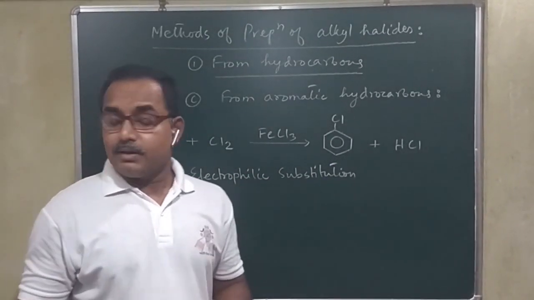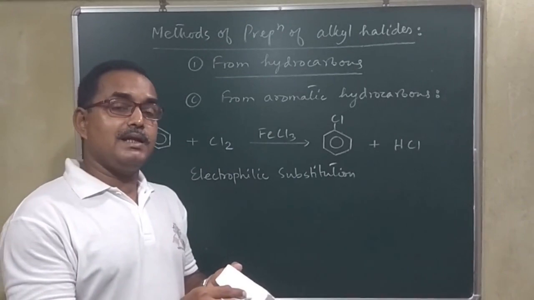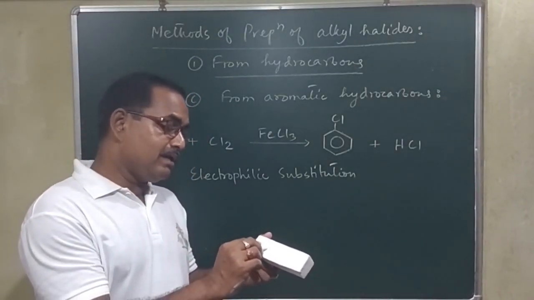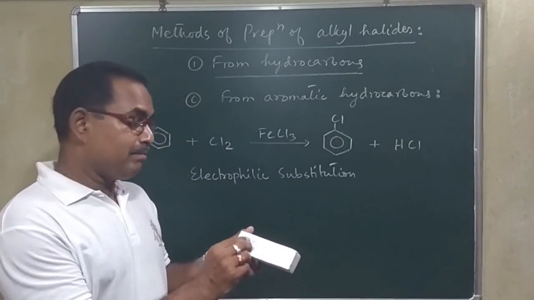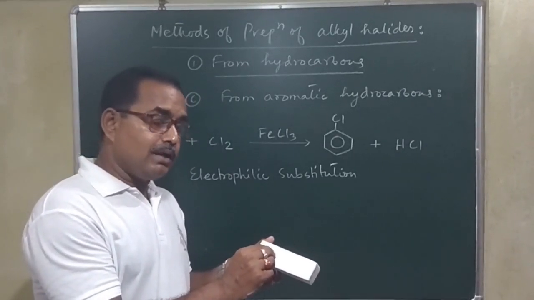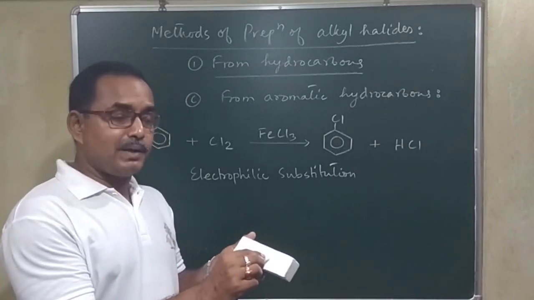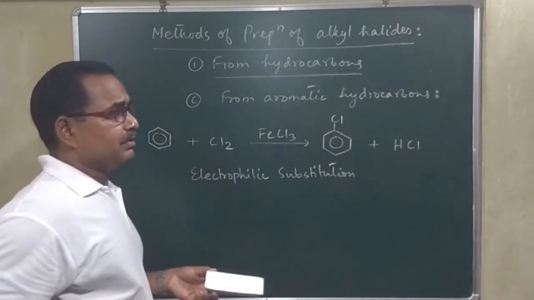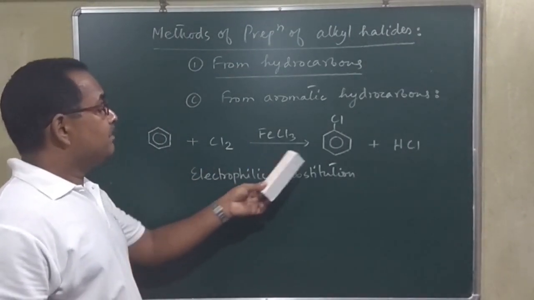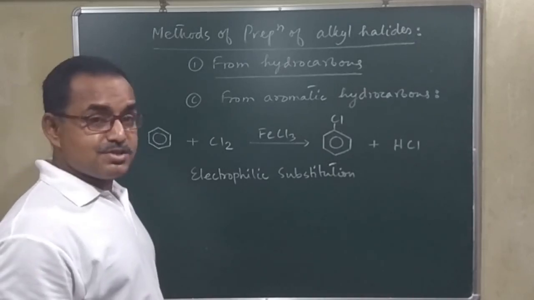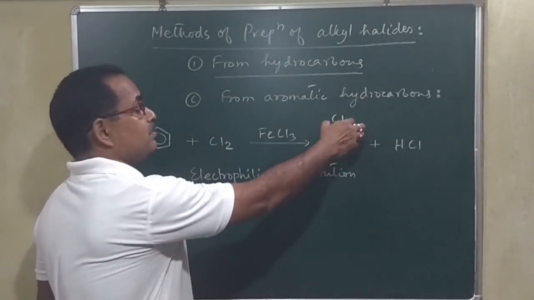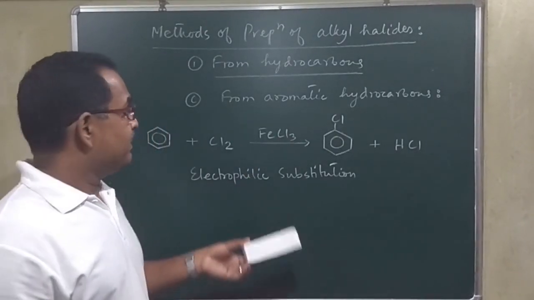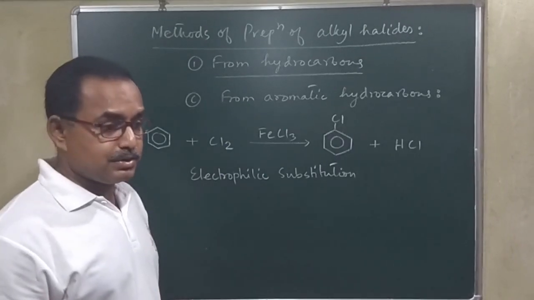In this way, starting from alkane, we can produce alkyl halide by means of free radical halogenation. Starting from alkene, we may get alkyl halide by means of electrophilic addition, and if you use peroxide, by means of free radical addition. From aromatic hydrocarbons also, we can prepare haloarenes. This is actually halobenzene, chlorobenzene. So aromatic hydrocarbons produce haloarenes, and this reaction is electrophilic substitution.